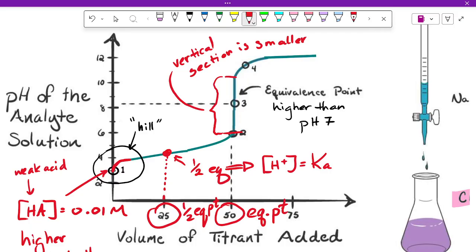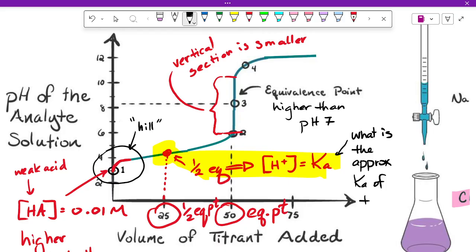What is the Ka of this acid? The approximate Ka of this acid is, if we read across, about 4.4-ish.